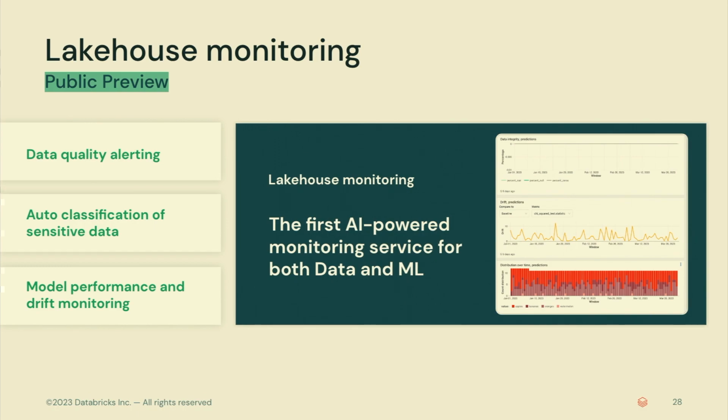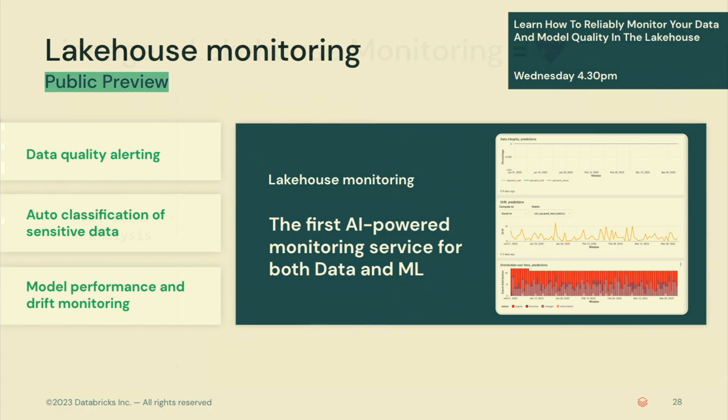You can turn Lakehouse monitoring on for a table, and it will start monitoring it for data quality in an incremental fashion. So it'll look for things like drift in columns. And then it will also, at the same time, do auto-classification of the data. So if sensitive values start to be put into that table, then it will automatically detect them and alert you of them. And it can even do things like monitor the model performance as well.